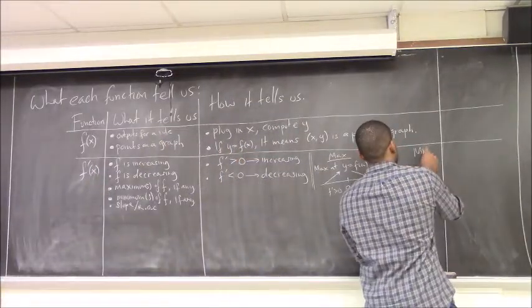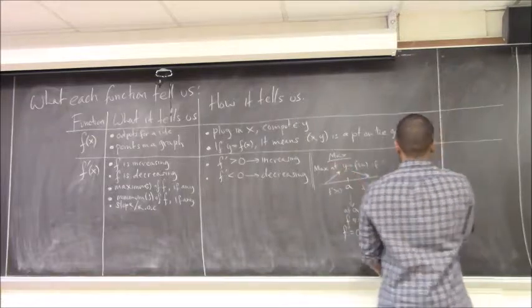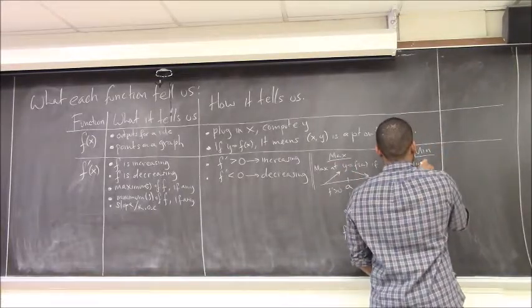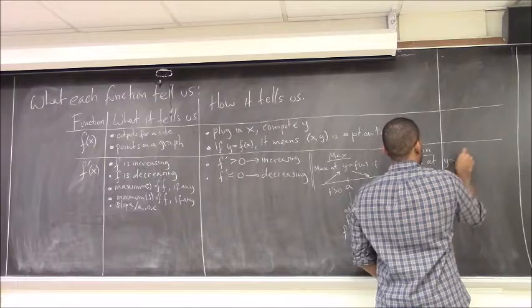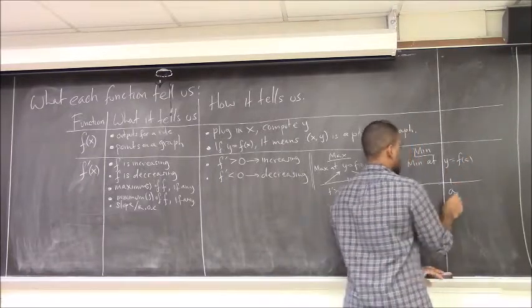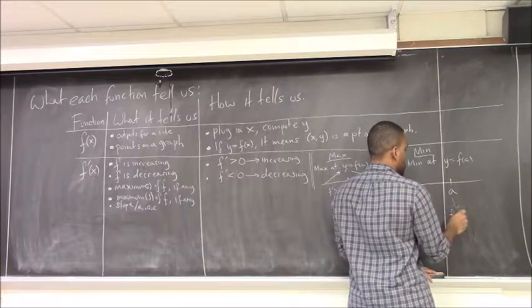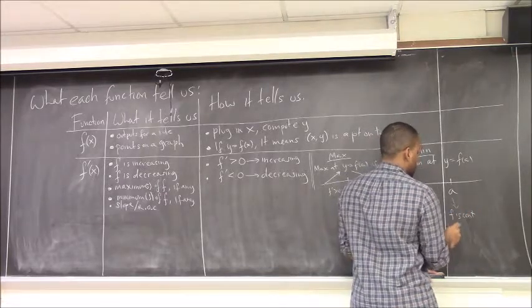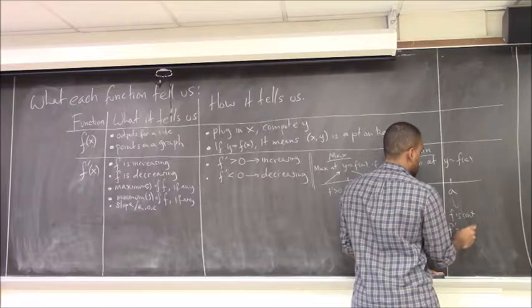Minimum is pretty much the same, but of course, the opposite. So we have a minimum at y equals f of a if the following happens. So at A, again, f is continuous, and the derivative is equal to 0 or undefined.